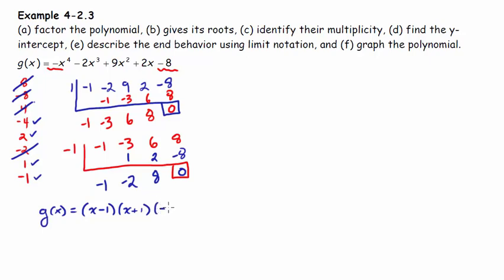Then I have -x squared minus 2x plus 8. Alright, now it's a little difficult sometimes to factor a quadratic with a negative coefficient, so I'm going to factor that out.